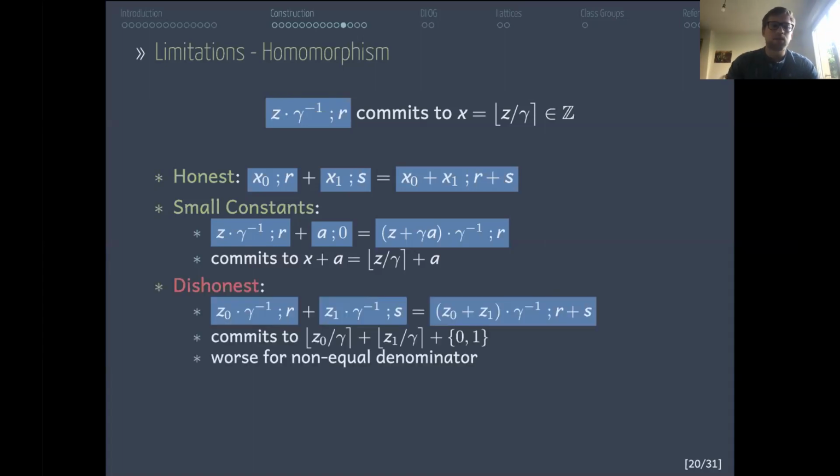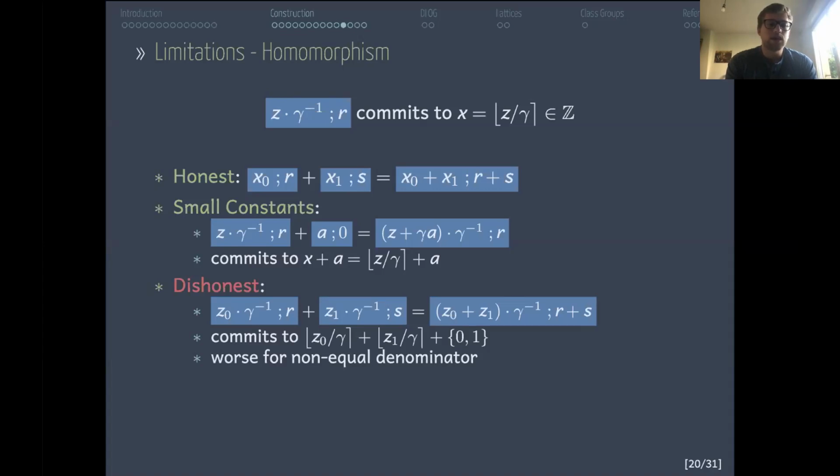But in other settings, it might also be necessary to have dishonest homomorphy, and this does not work out of the get-go. Say, for example, even though the denominator is the same, we have some non-equal z0 and z1, and then if we compute what happens if we use the additive homomorphy of the original commitment scheme, then depending on how much we round before, we might or might not get a +1 in the new committed value.